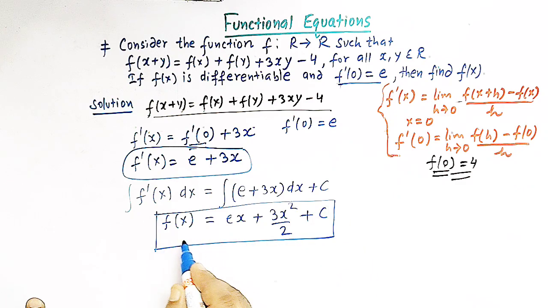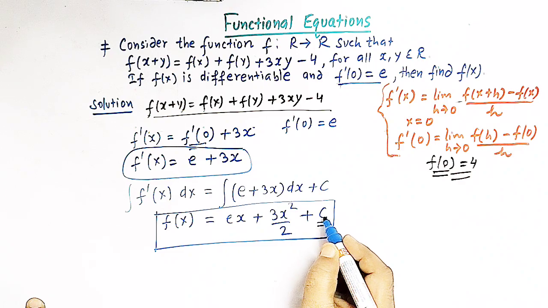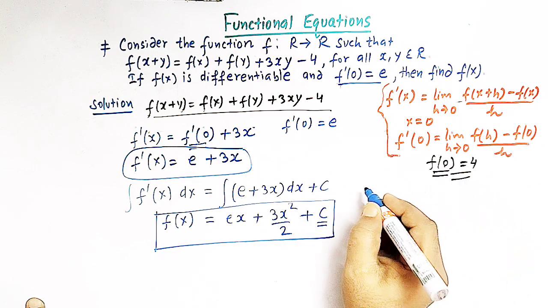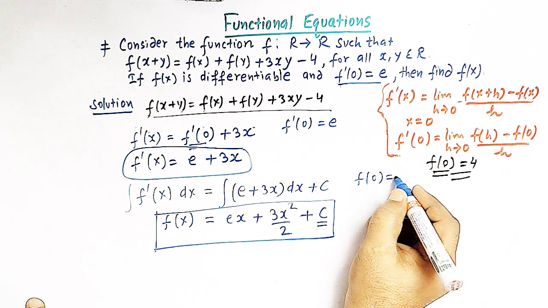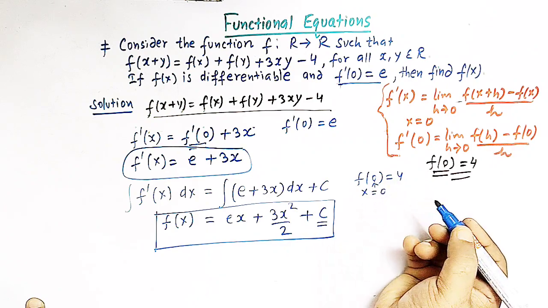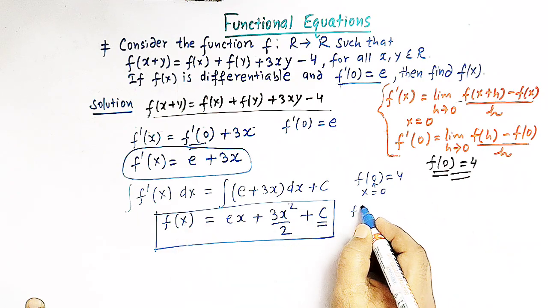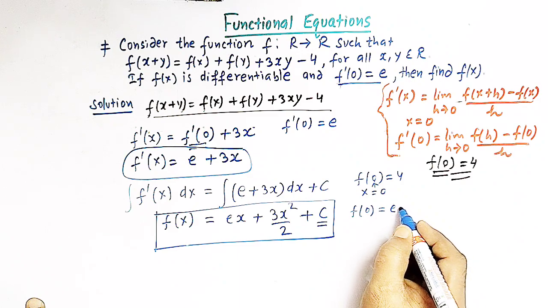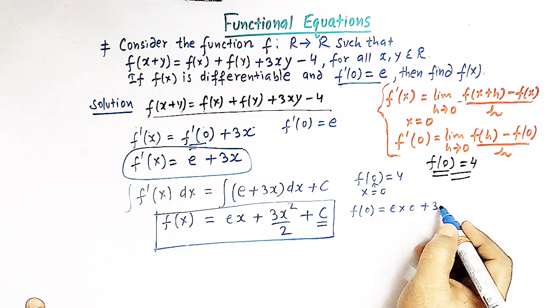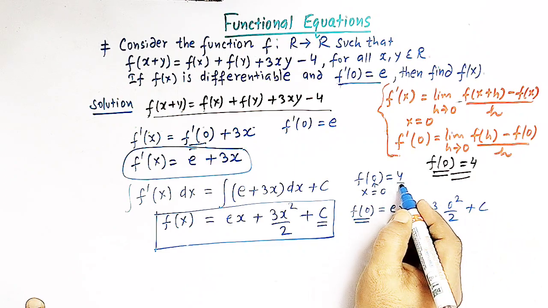So this is the form of the function f of x, and now we have to find the value of this constant of integration c by using the condition. We are given f of 0 is equal to 4, so we have to take x is equal to 0, right? So when we take x is equal to 0 in this equation, we have f of 0, and here we have e times 0, then 3 times 0 square over 2 plus c, and f of 0 is 4.